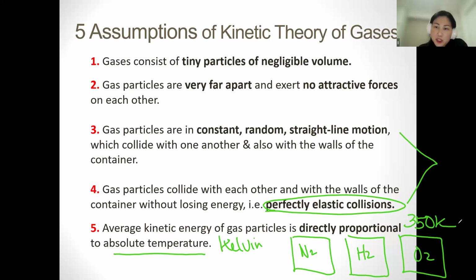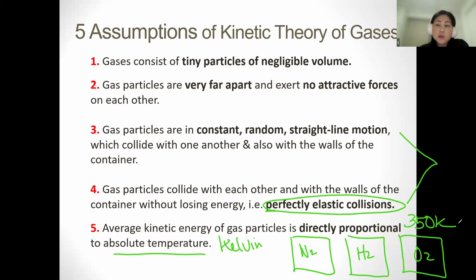But of course, as I mentioned before, certain gases are heavier, like oxygen, which has a mass of 32, versus hydrogen, which has a mass of only 2 grams per mole. So the average kinetic energy is the same because it depends only on temperature. However, the speed of the molecules will be different.